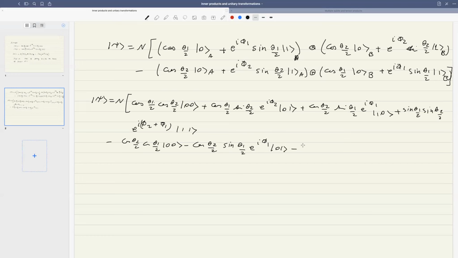Then minus cosine theta 1 over 2 sine theta 2 over 2 e to the i phi 2, 1, 0. And minus sine theta 2 over 2 sine theta 1 over 2 e to the i (phi 1 plus phi 2), 1, 1.